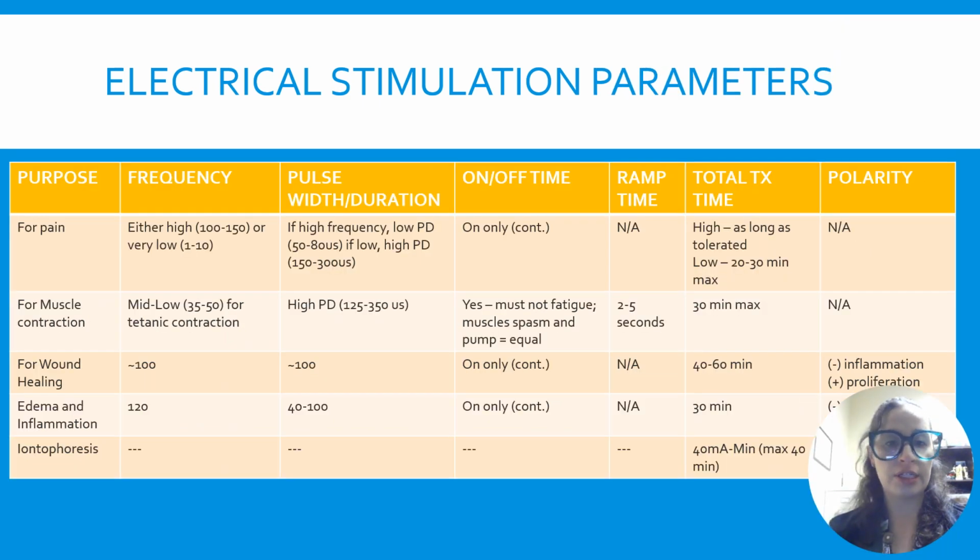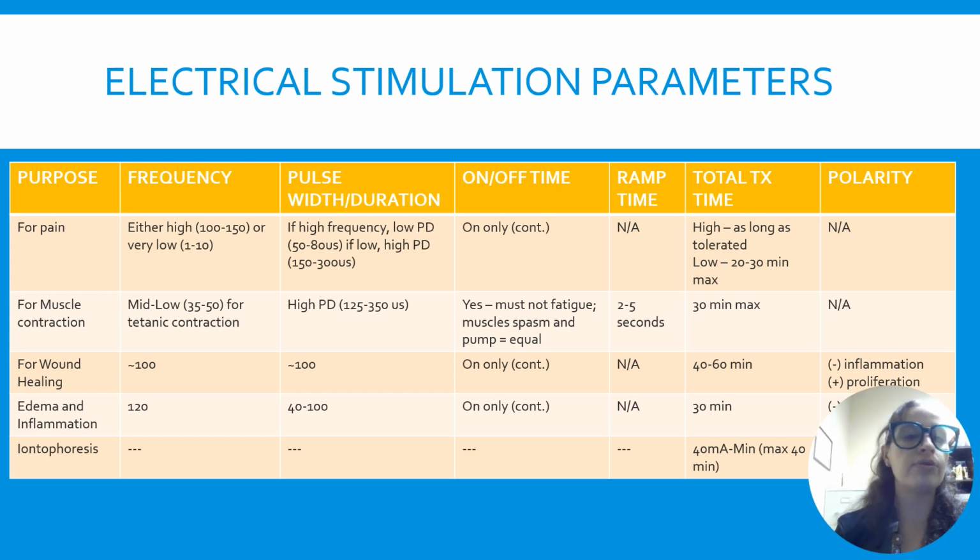So again, here is your parameter review. Again, set up in tables. For pain or for TENS, it's either very high or very low in your frequency. And again, frequency is hertz or PPS, pulses per second. Your pulse width or your pulse duration correlates with the frequency.